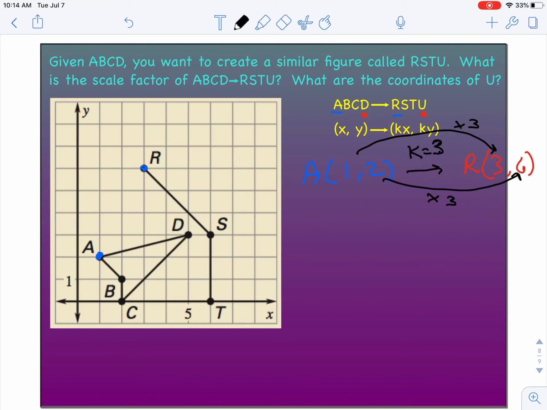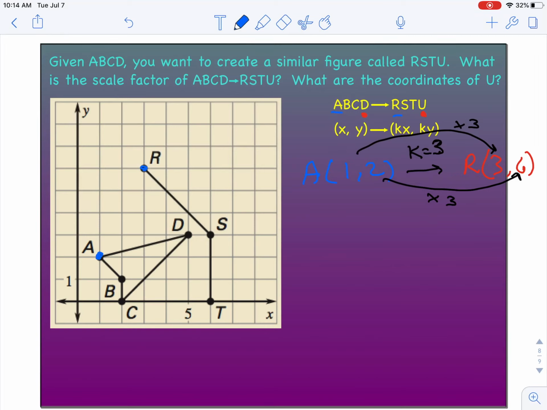So now we can use that information to actually find the other value. And we can see that our scale factor then is 3, because remember, it's the dilated image compared to the original image. And so it would be 3 times bigger.